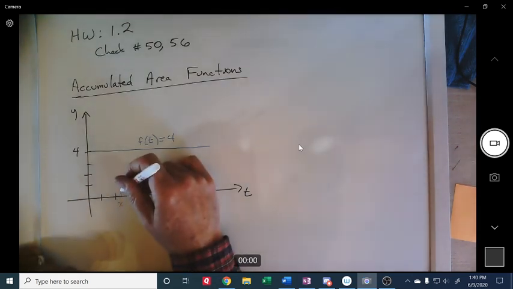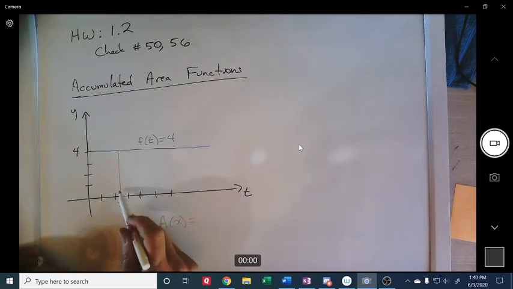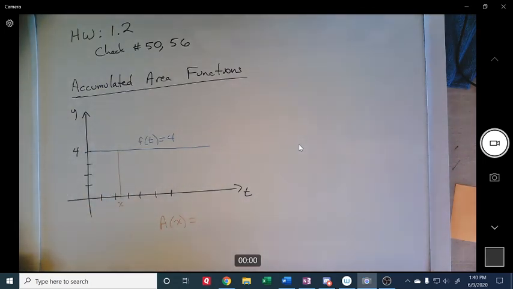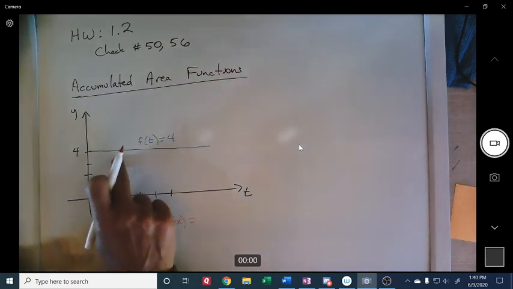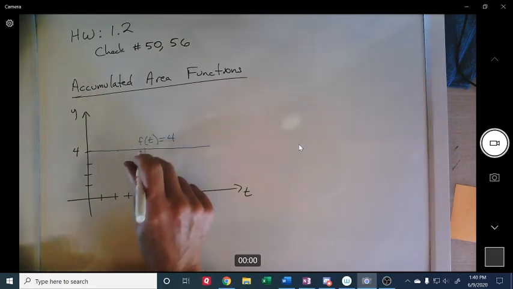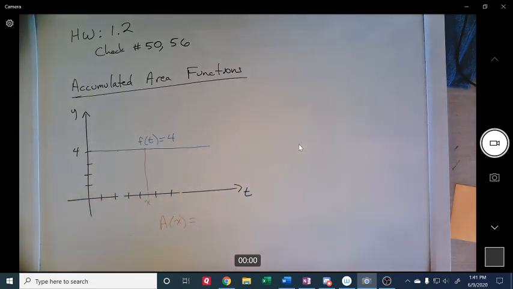So the accumulated area function here would be the area of this shaded region in that rectangle there. And what's happening is x can change. A little later on, x is over here. And wherever x is, we're accumulating more and more area.